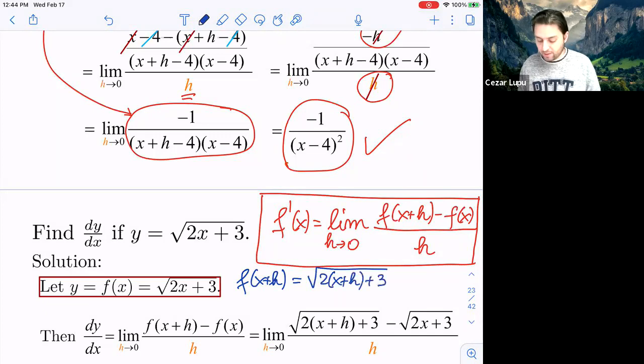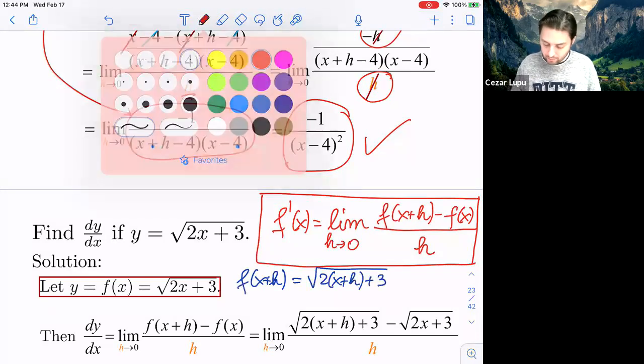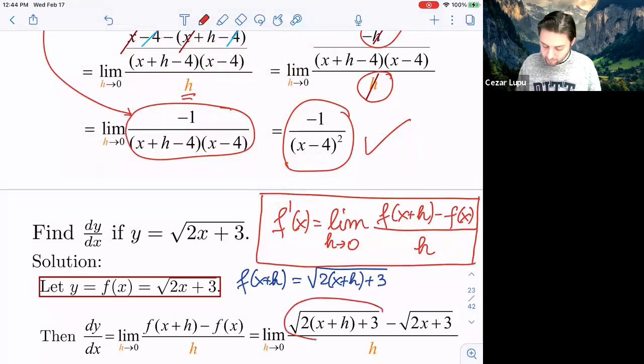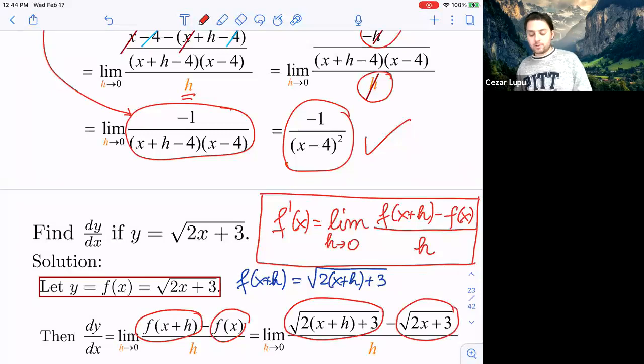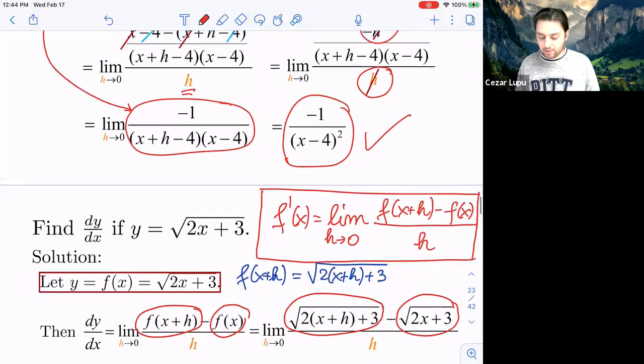And of course, you will find it here. Look at it here. That is f of x plus h, right? And of course, f of x, which is here.